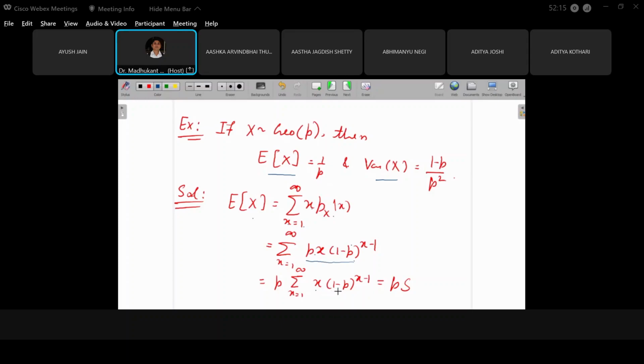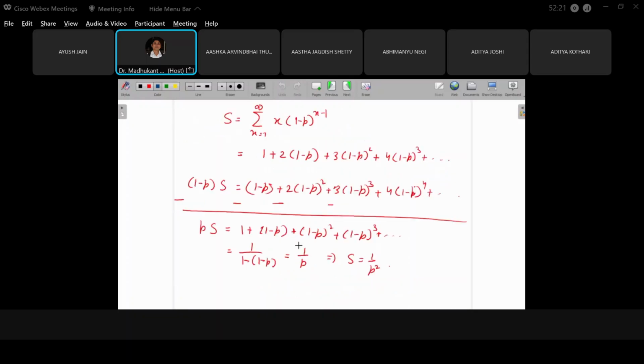Okay, and how to handle this? If you call this S, you can handle it this way. This is your S. You multiply it by 1 minus p on both sides, and then subtract. I think this is the way you can find the S value.